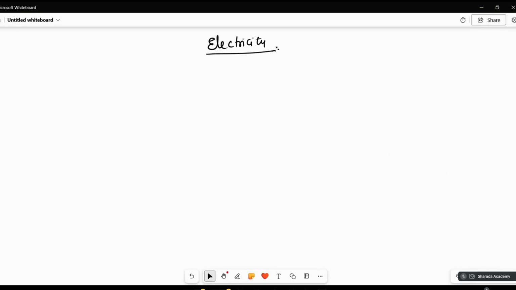In the physics chapter, light and electricity are the parts with more weightage. In all the chapters, light and electricity carry more weightage. In light you will get one 5-mark question, and from electricity also one 5-mark question will come.